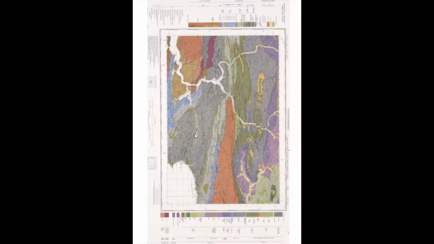Now between those packages of Carboniferous and Devonian rocks and Ordovician and Silurian rocks, we have an angular unconformity. And you know that it's an angular unconformity because if you look closely at the margin between the Silurian and Ordovician rocks, if you try and follow some of those Silurian rocks, you see that the contacts get cut off.